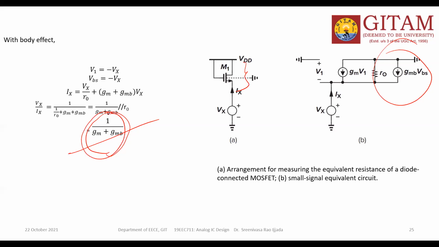Clear? Now add this value to the CS amplifier circuit and find the gain.